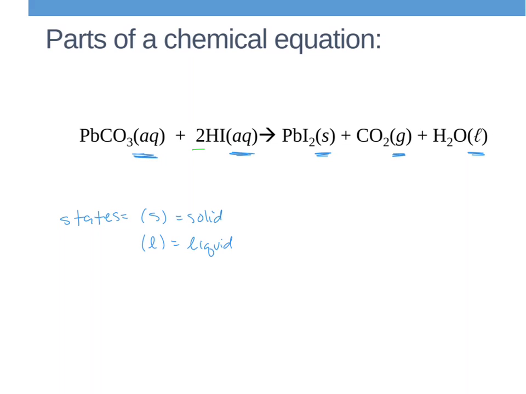So you kind of do that loopy thing. The G in parentheses, as you might guess, stands for gas. And then AQ is the other one, and we'll talk more about this in the future, but AQ just stands for aqueous, which means dissolved in water.